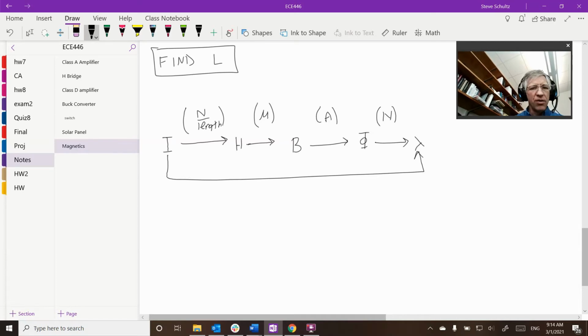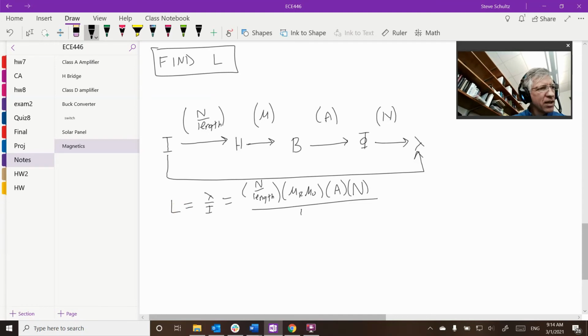Okay, so let's put all this together. So now L is equal to lambda over my current, which is equal to, combining all those pieces together, mu r mu naught times the area times N squared, divided by the length.